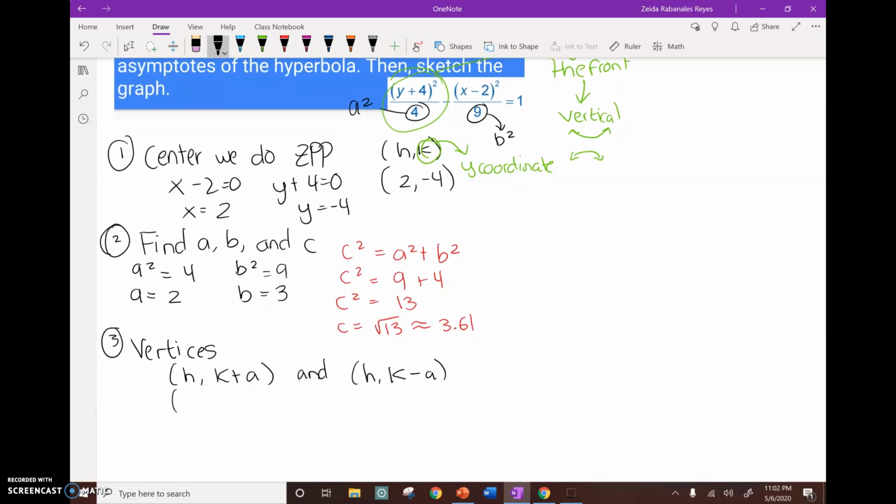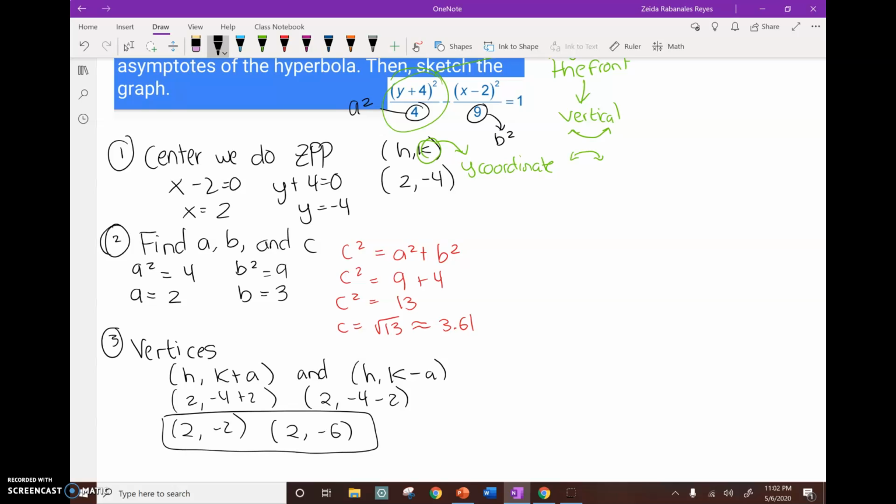So then I have 2 comma negative 4 plus 2 and 2 comma negative 4 minus 2, 2 comma negative 2, and 2 comma negative 6. And I have my 2 vertices.